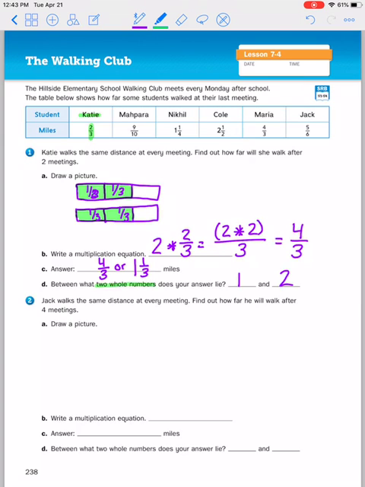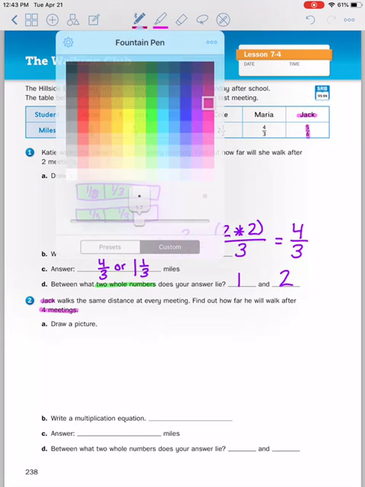We're going to do the same thing for problem 2. So it says Jack walks the exact same distance at every meeting. How far will he walk after 4 meetings? So let's go over to Jack, and he went 5/6 of a mile. So I can do the same thing.